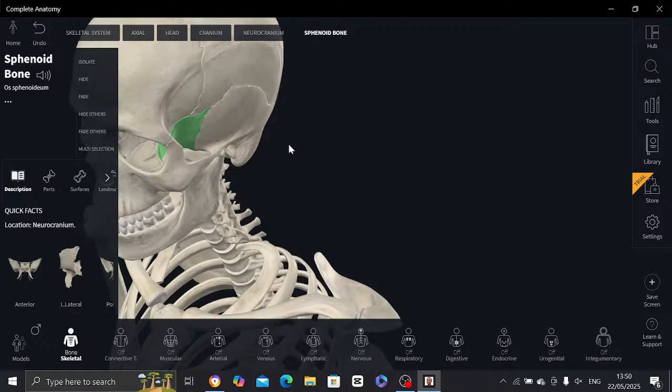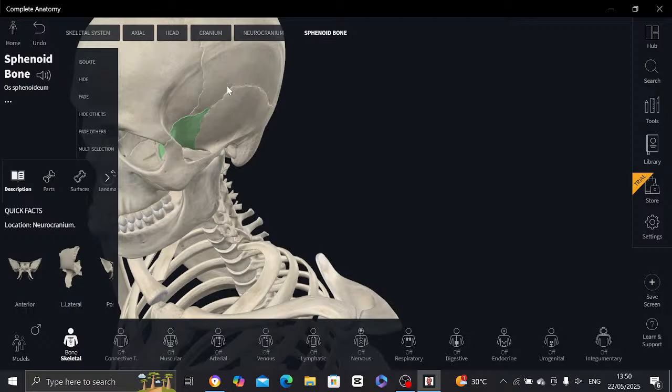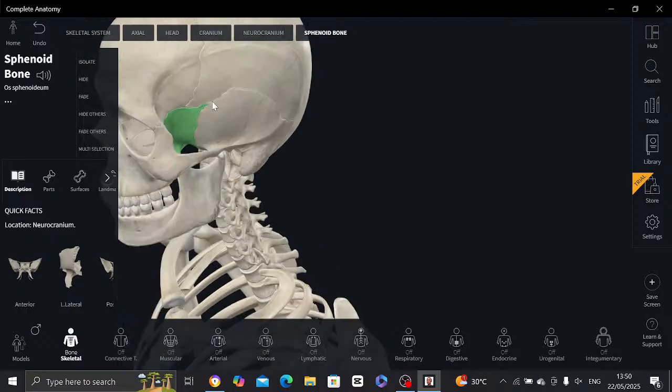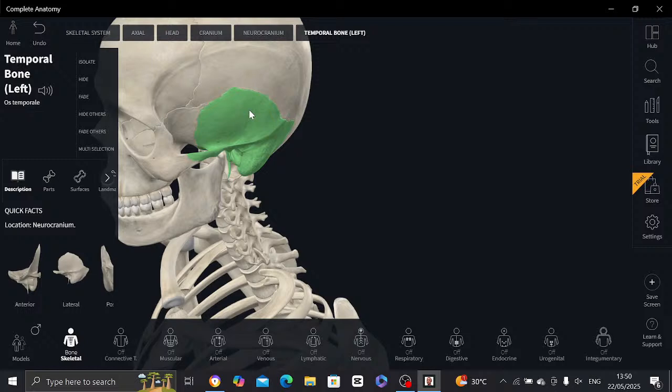Let me rotate it well. Here we have the squamous suture, between the parietal and the temporal bone. Then at this point we have the metopic suture. Basically we talked about the coronal or frontal suture.